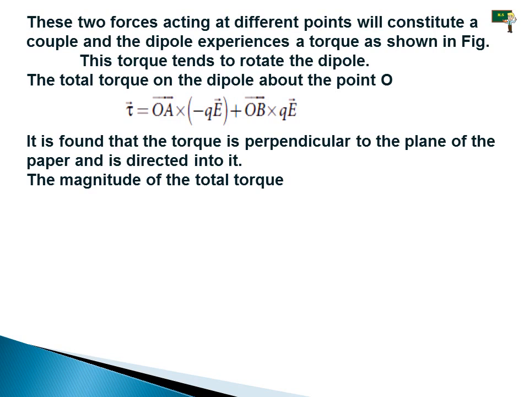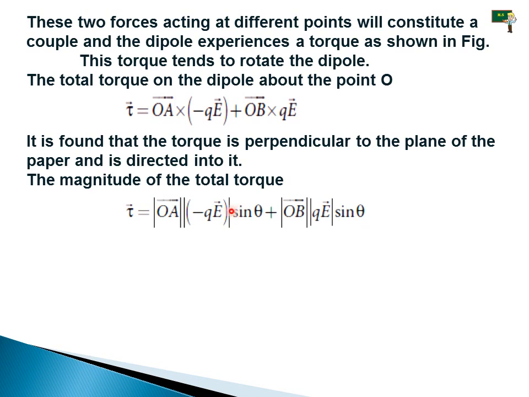The magnitude of the total torque tau is equal to modulus of OA into modulus of minus qE into sin theta plus modulus of OB into modulus of qE into sin theta.